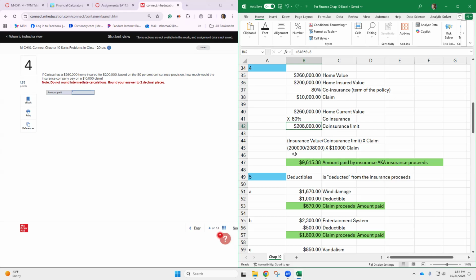Now we take the insurance value of 200,000 divided by the co-insurance limit. So it's 200,000 divided by 208,000 times the $10,000 claim. And it turns out that $9,615.38 is the amount paid by the insurance proceeds.